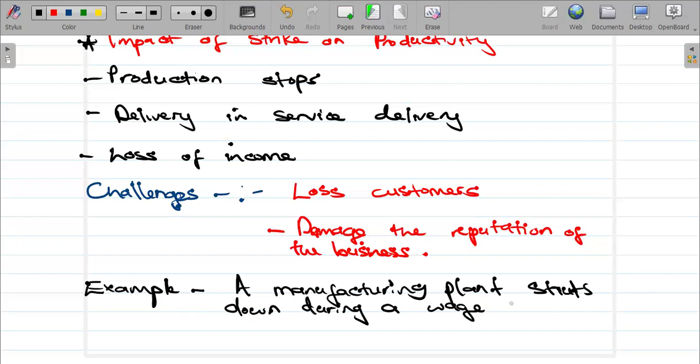There is no production. Delivery will be delayed, and there will also be a loss: employees will lose income. The employer also loses what? Profit. Right.